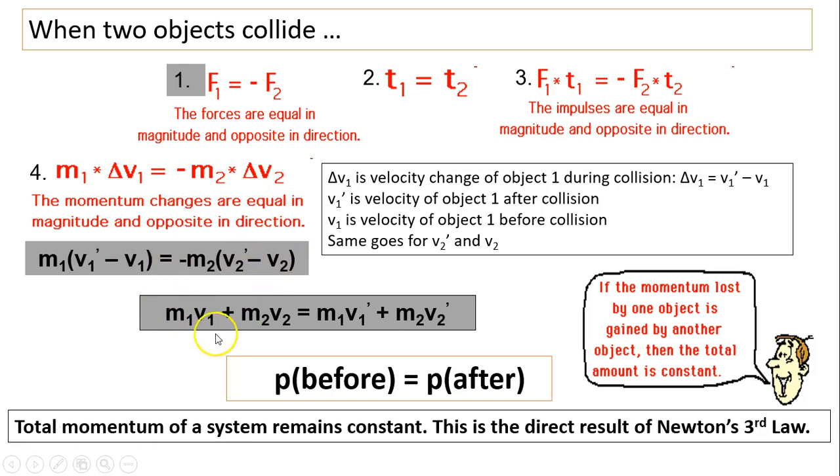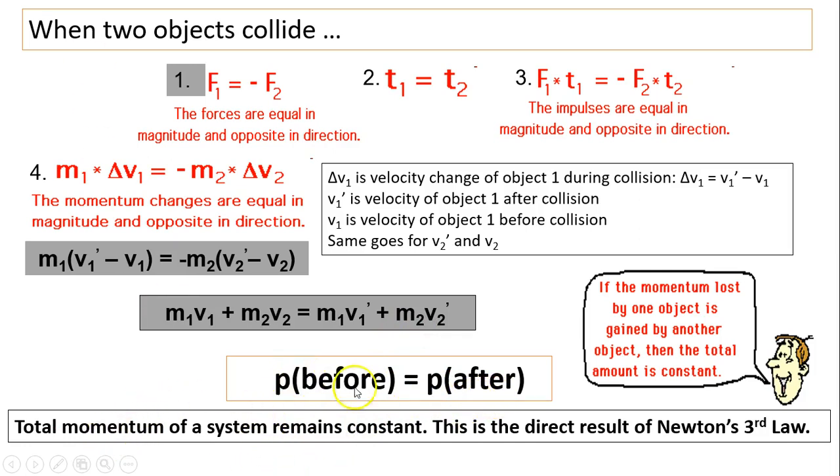We rearrange this equation. So this is the equation we have. This is the total momentum before the collision. That means the momentum of object 1 plus the momentum of object 2 before collision equals the momentum of object 1 and the momentum of object 2 added together after collision. Simply put, P before equals P after.